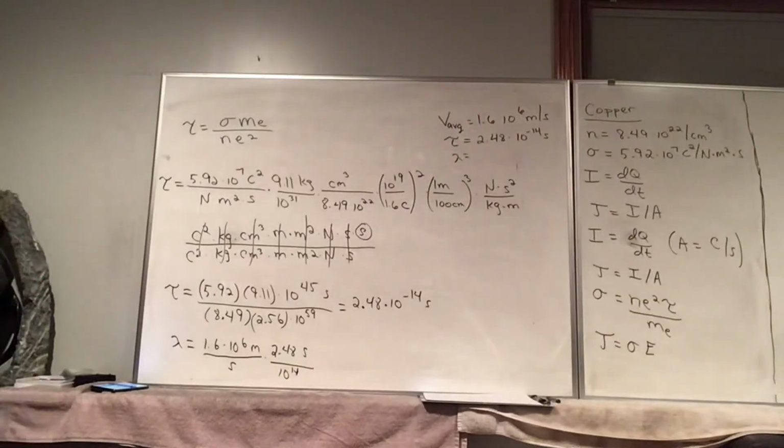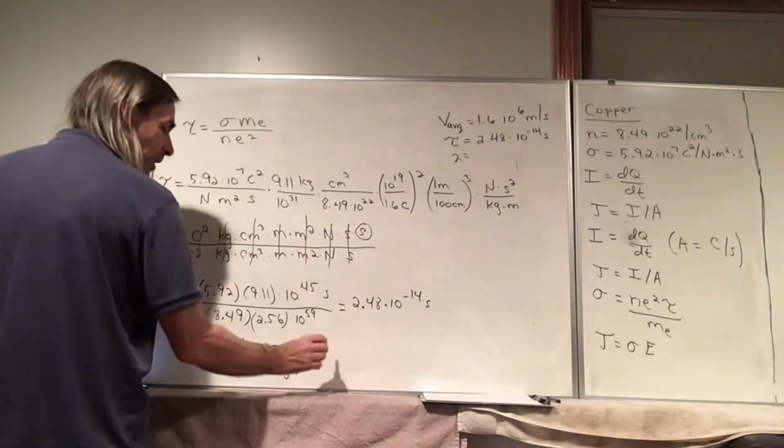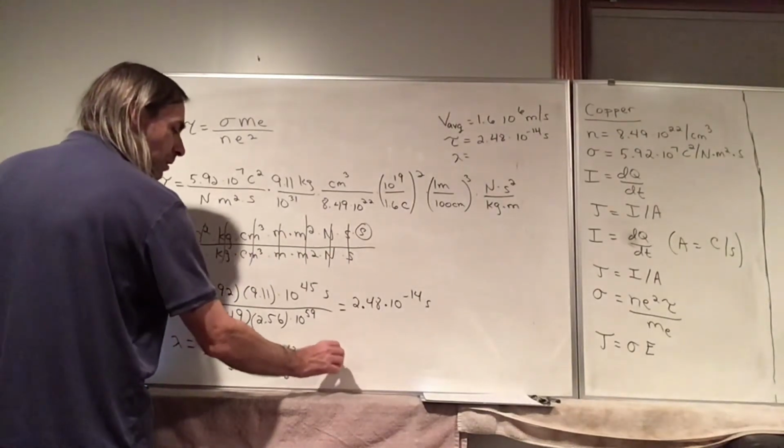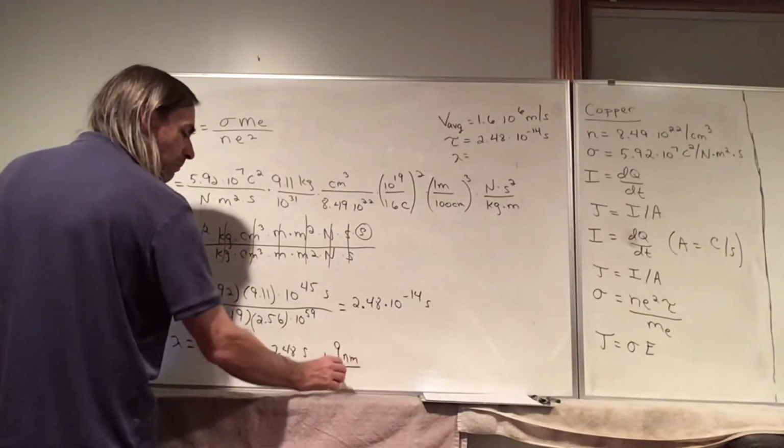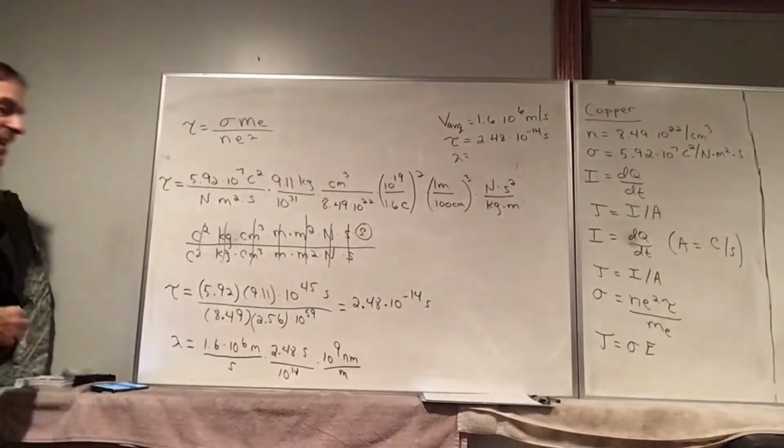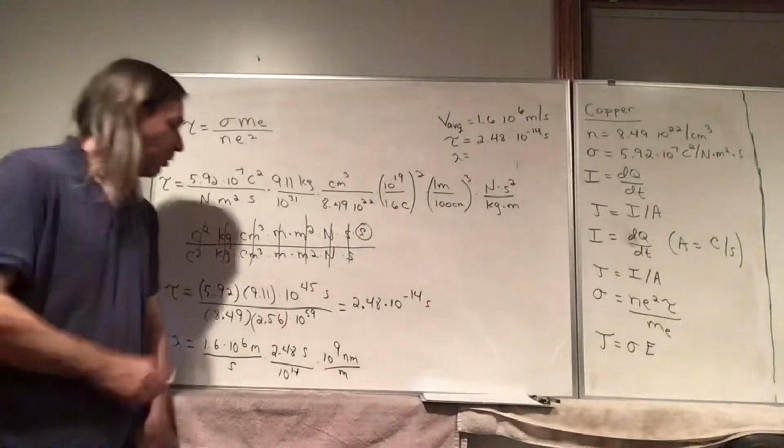So we'll get the distance in meters, but this is kind of ridiculous. Now we're going to get a very small number. Let's convert to nanometers. That'll probably be more reasonable.